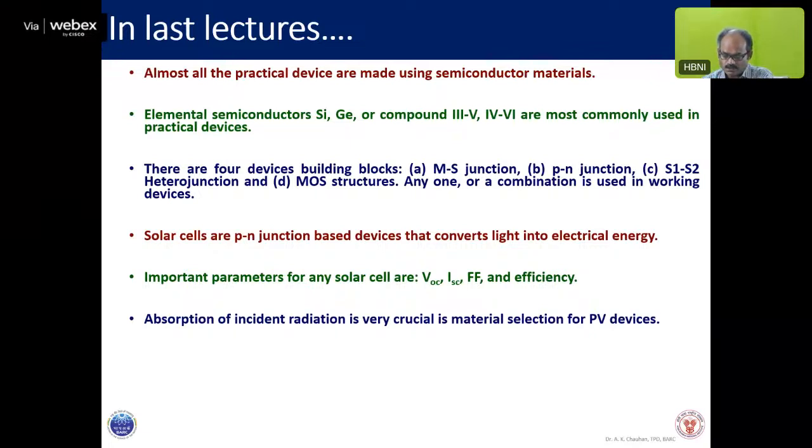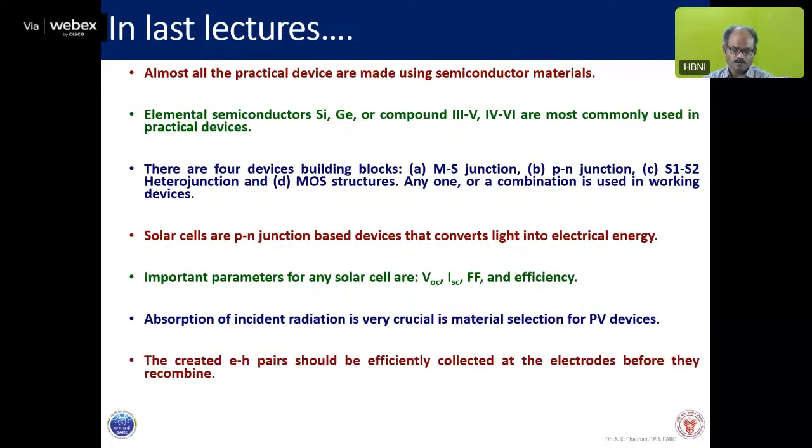Then for solar cells, absorption of incident radiation is very crucial, and therefore material selection becomes very critical for photovoltaic devices. In these devices, the electron and hole pairs created should be efficiently collected at the electrodes before they recombine. So basically, in the solar cell, the carrier lifetime should be relatively high.